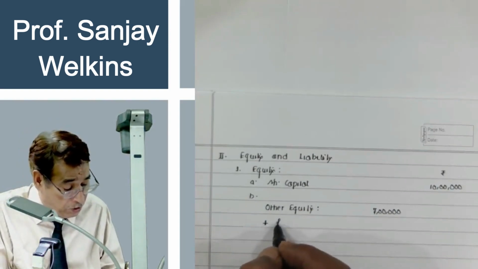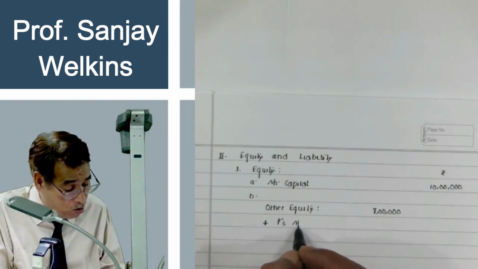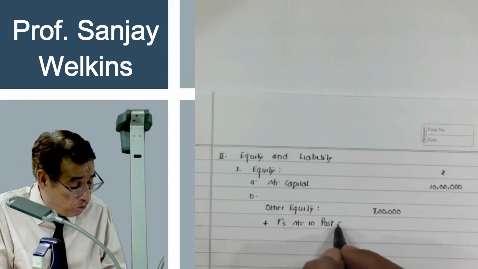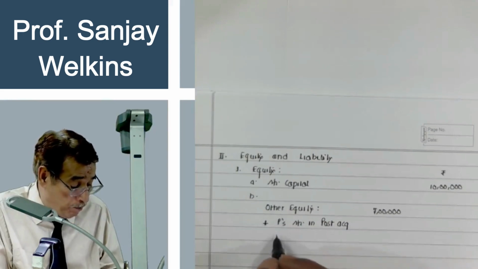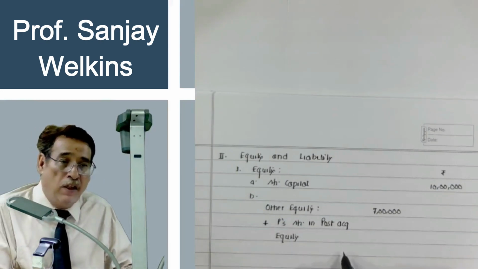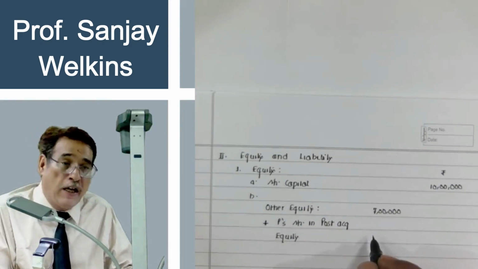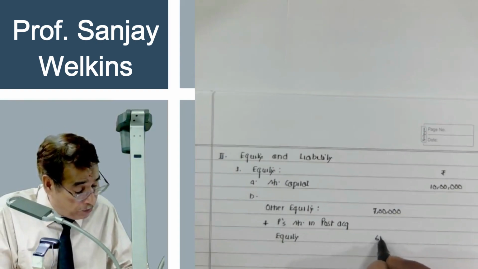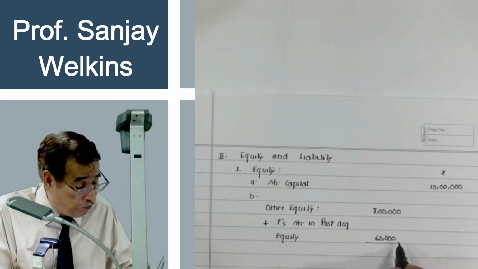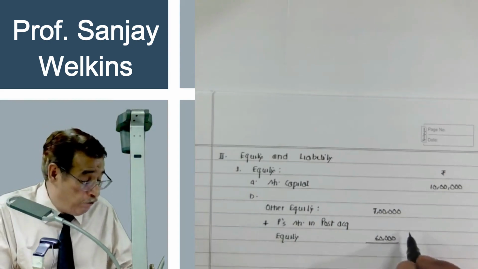So the parent's share in post-acquisition equity: the subsidiary company earned 1 lakh in the post-acquisition period, and out of 1 lakh, 60,000 worth of other equity will belong to us.